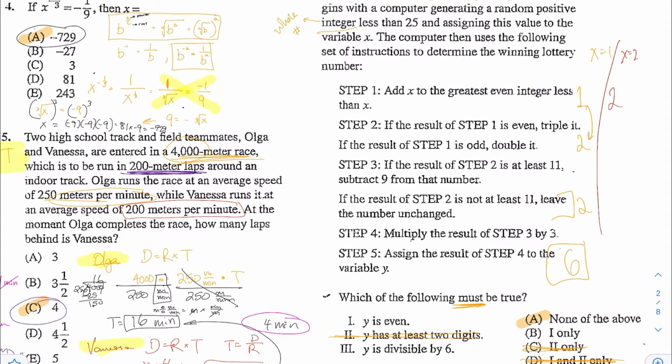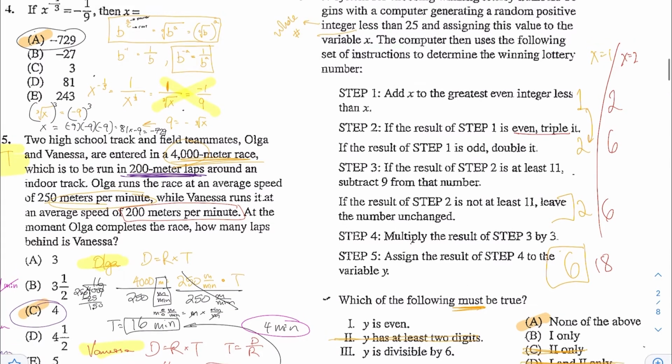Now this is even, so you triple it. You get 6. Now this is not at least 11, so leave the number unchanged. Then you multiply by 3, you get 18. Again, it's still even and divisible by 6.